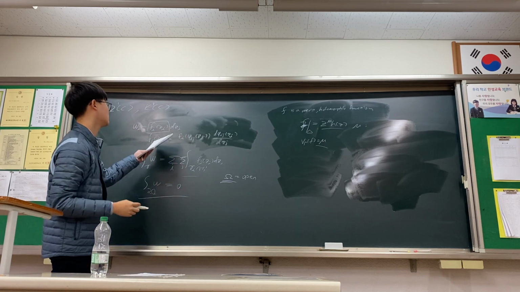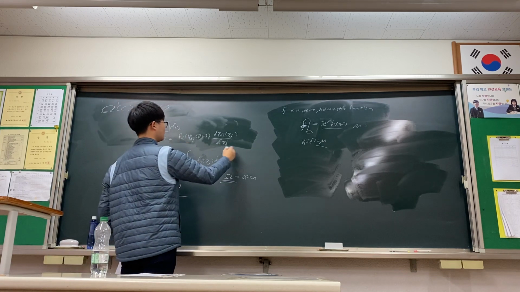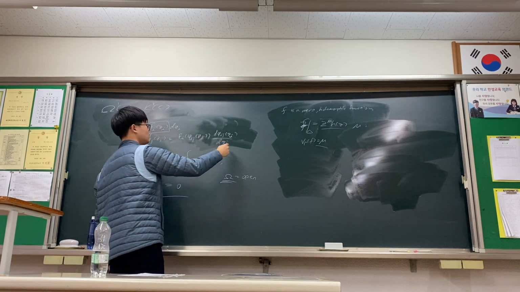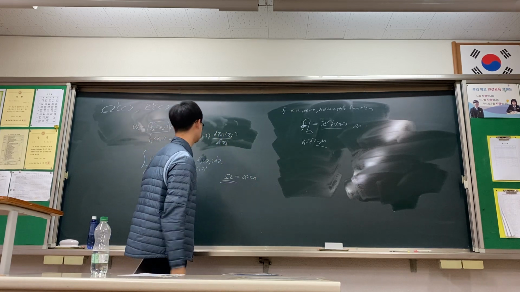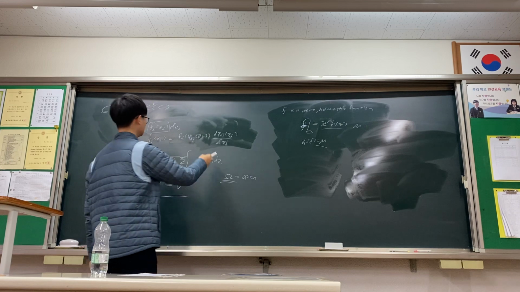You'll see this is well defined on the overlap since it is a biholomorphism, and necessarily the derivative has to be non-zero. That ensures this is well defined.